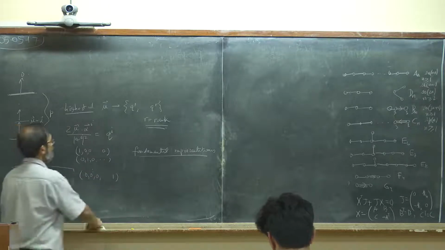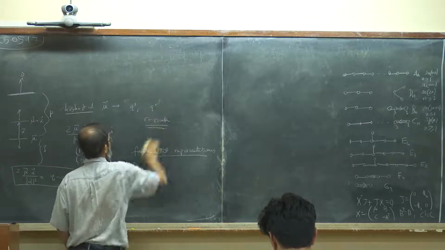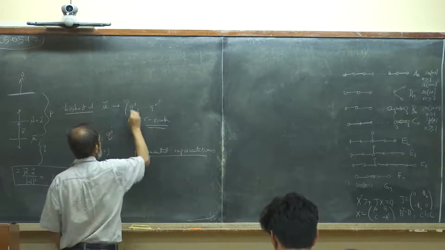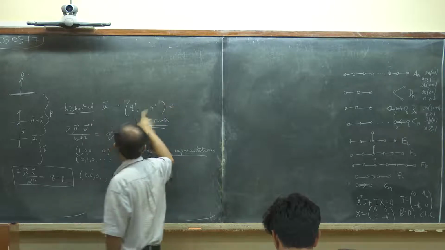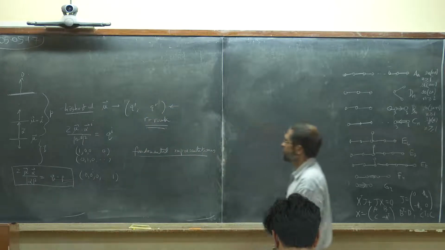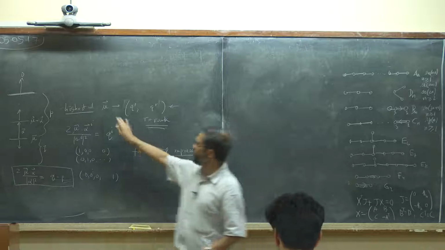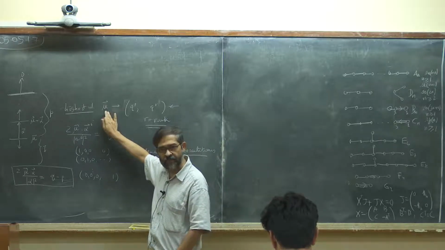Oh, by the way, I should say that this is an ordered pair. I should not write it with set notation. Specifying these integers is of course equivalent to specifying the highest weight representation.